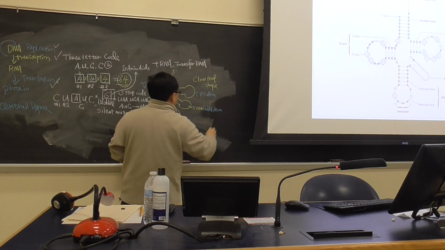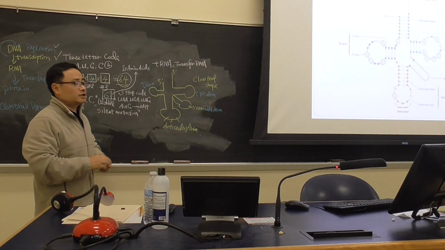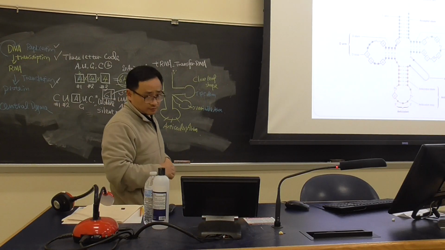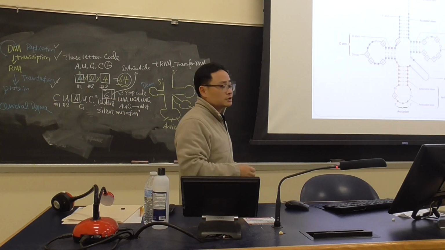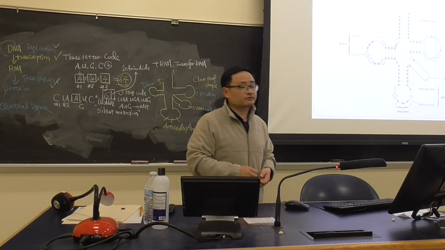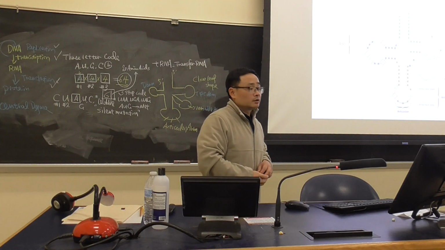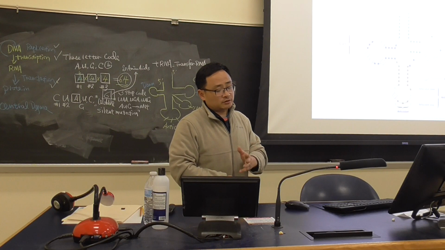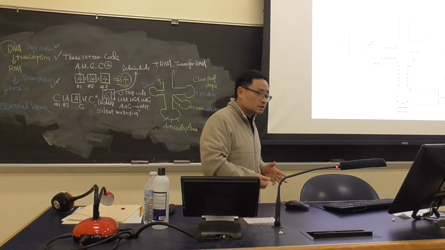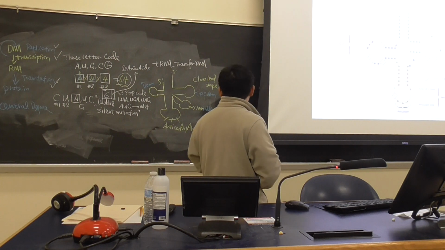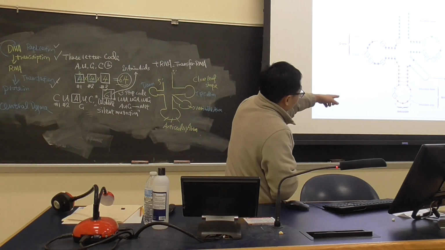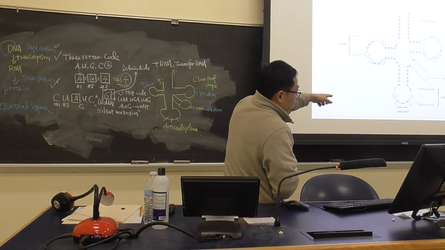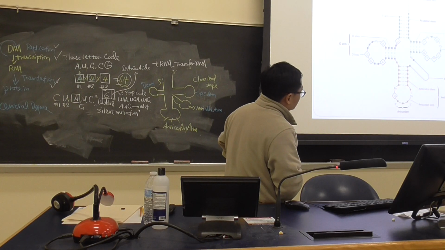So what happened is, if I give you a whole genome sequencing, how do you know it is tRNA? How do you know it is transfer RNA? If we break down every single piece of the gene base, you will see there are some very special gene bases. It's not only ATGC.